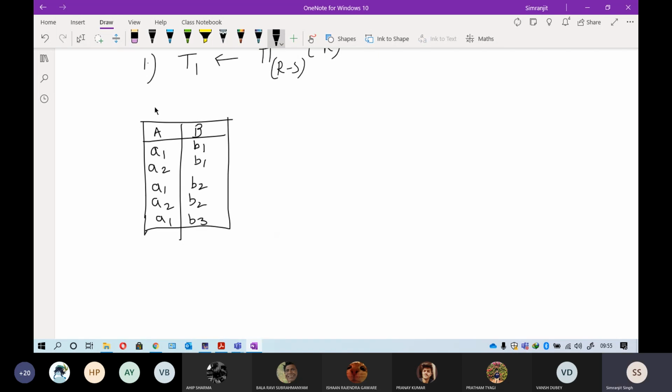And S was very simple, A1, A2, but there is no use of S right now, because we have to select from R.